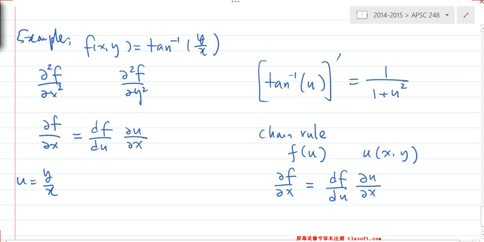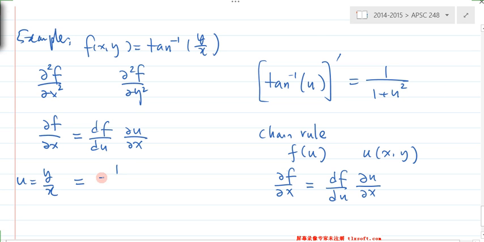Okay? So, can you write down the next step? What is the df over du in this case?